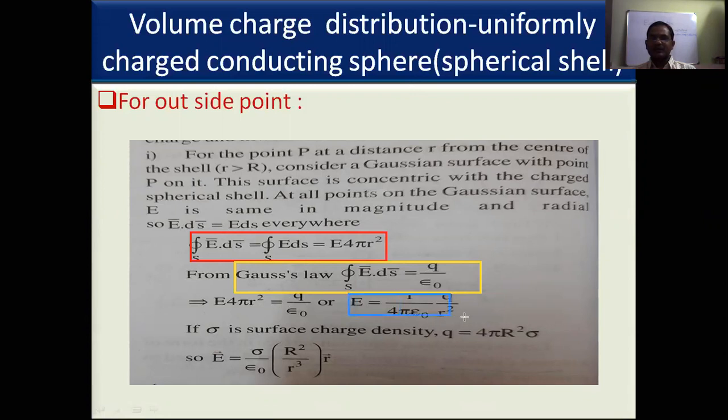So therefore, this is the electric field strength outside of the sphere. You observe this expression here, E is inversely proportional to r square. Okay, we consider an external point from the center O at the distance r, and the field strength we got is the expression 1 by 4 pi epsilon naught Q by r square.